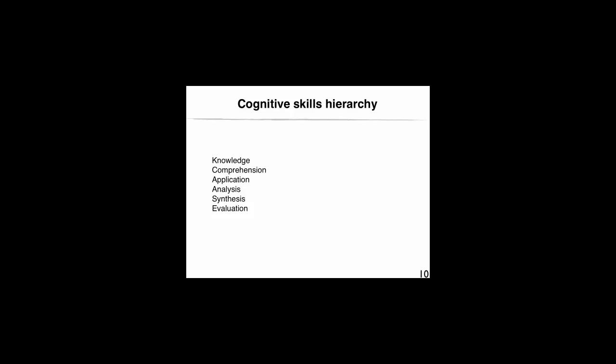Bloom's taxonomy is presented as a cognitive skills hierarchy. It starts with knowledge, comprehension, application, analysis, synthesis, and evaluation. And Bloom's taxonomy is usually depicted as a pyramid or as a hierarchy that starts with the bottom and goes up to evaluation.